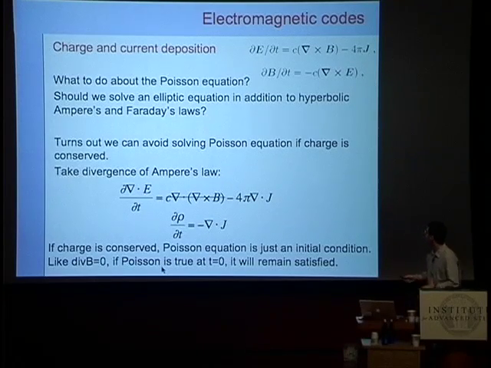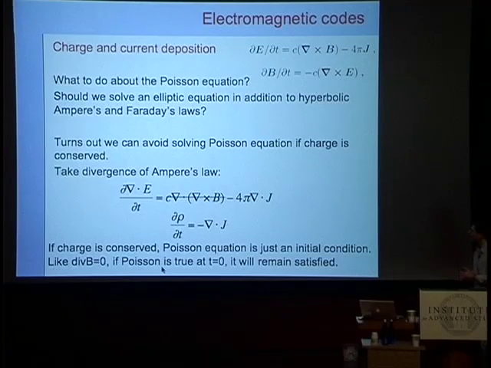Normally we have a Poisson equation to worry about, right? So we may be forced to solve an elliptic equation, the Poisson equation, in addition to solving the two hyperbolic equations, which are the Ampere and Faraday laws.